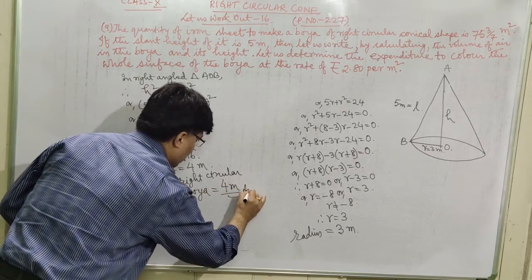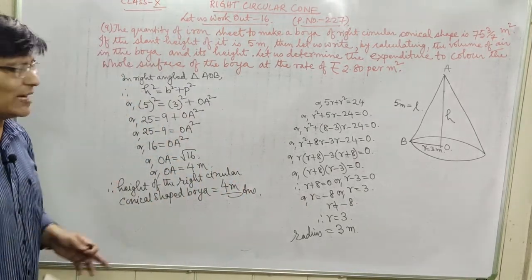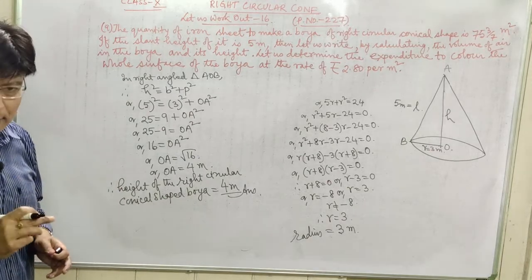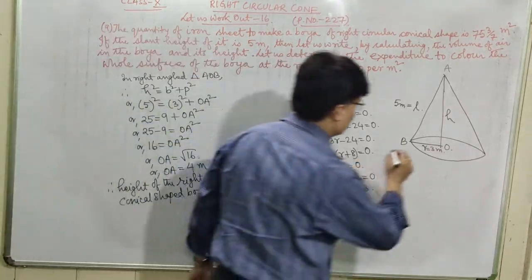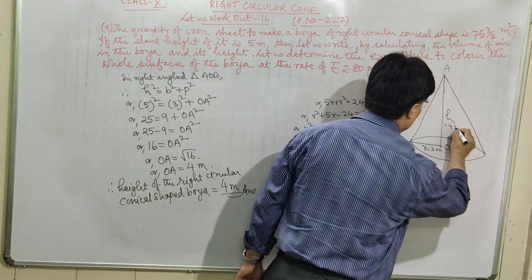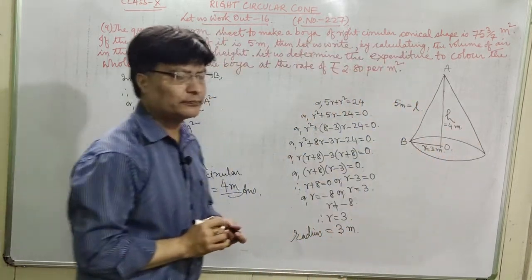It is 4 meter. So we have just calculated the height of the conical shaped boya, that is 4 meter. So here h is equal to 4 meter.